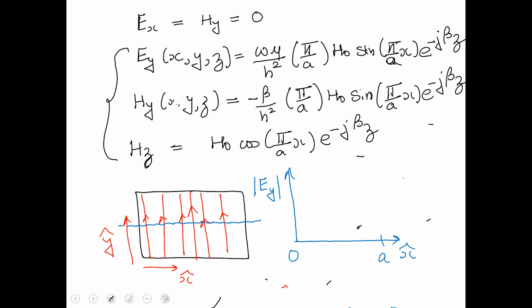If I took this blue cut and I plotted it, it would have a sinusoid variation. The amplitude at the outside is going to be 0. The amplitude is going to be highest in the center of the waveguide. And as I go further and further away from the center, the amplitude is going to drop according to the sine function till it goes to 0 on the edges, on the end of the plate.